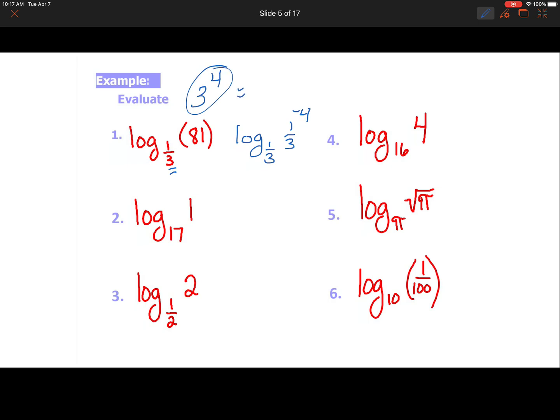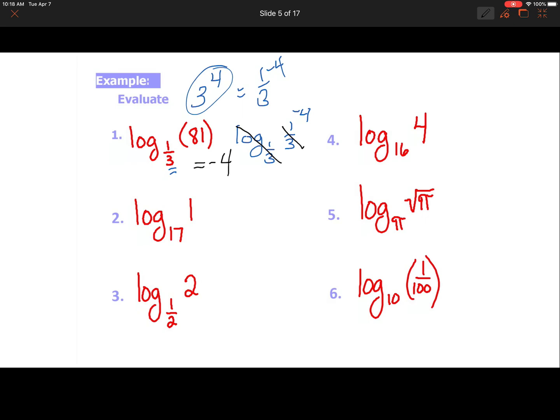Right here's 81. If I use a negative exponent, that allows me to flip my base. Now what I have is a logarithm with the exact same base as my exponential over here to the right. So a log base 1/3 and an exponential base 1/3 undo each other, and so we're left with the answer of negative 4.